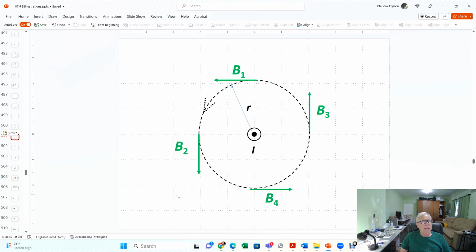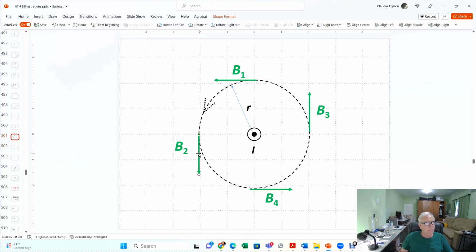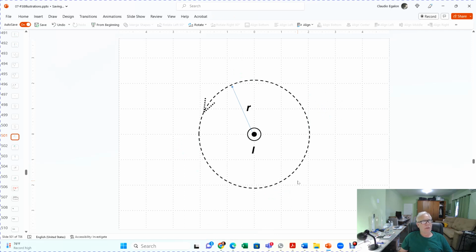And then the second step would be to choose the path. Let me put a second illustration here. I'm going to choose a closed path at a distance r, which is also counterclockwise, because using the right-hand rule, the thumb will point in the direction of the current.